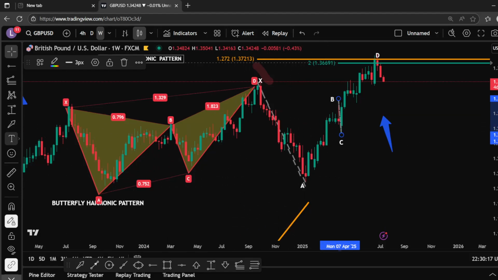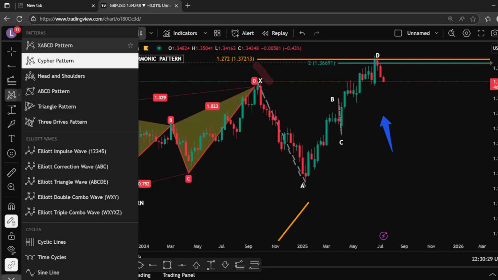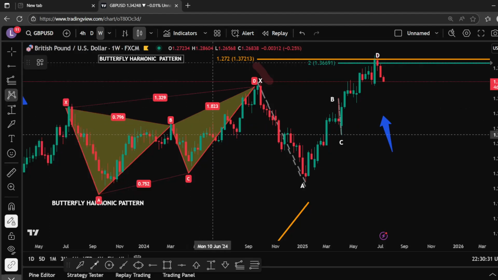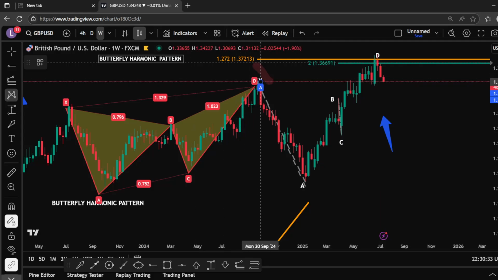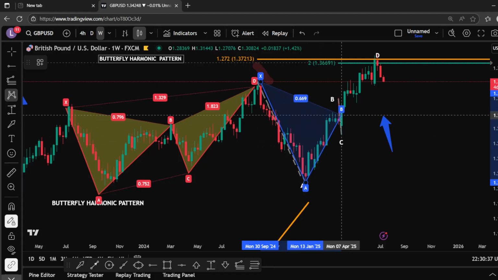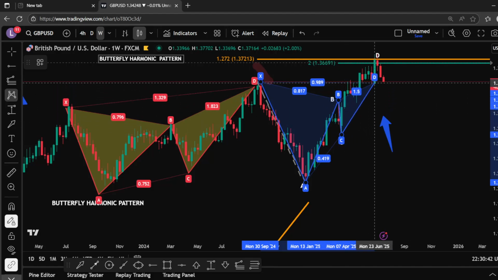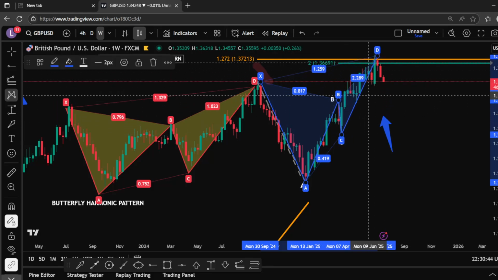So to take profits, actually I'll show you. I'll drop down to the 4-hour time frame, and then I'll show you where I took the trade. I'll just plot the lines for you. So that is our X, our A, our B, our C, and then our D completion right there.